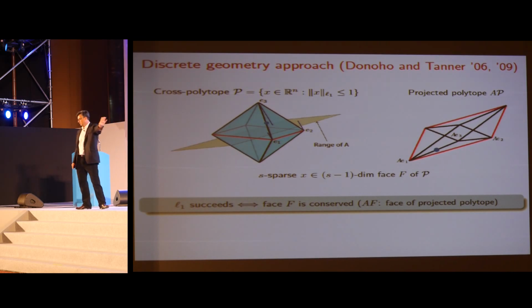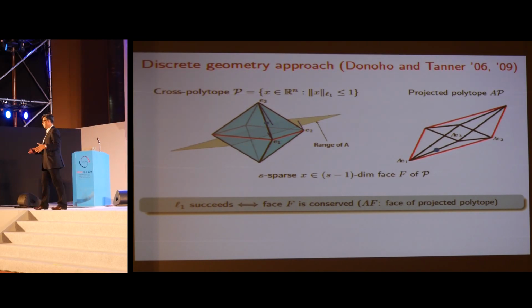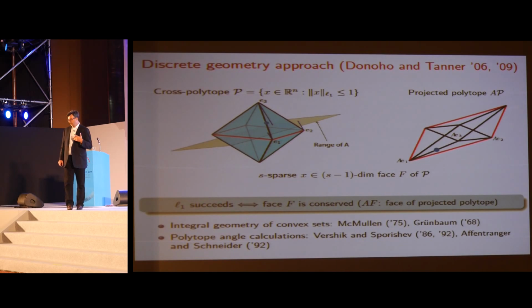And so the question becomes, when I take a polytope or cross polytope and I project it randomly, are low-dimensional faces being conserved? That's a question. And remarkably, there was lots of great work by Vershik and Sporyshev, and by Affentranger and Schneider. These people were motivated by the analysis of the simplex algorithm on random linear programs.